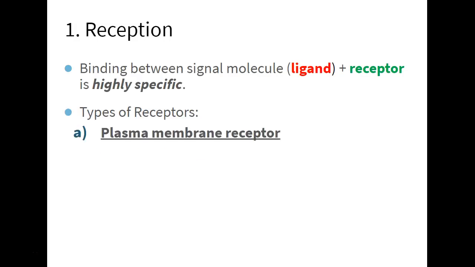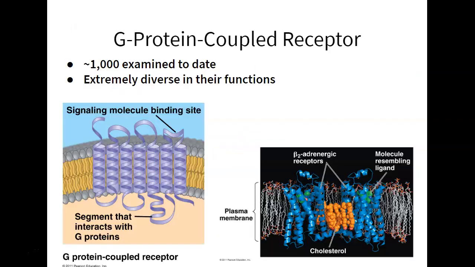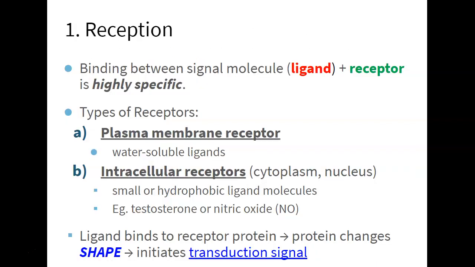Okay, so in more detail, reception. Binding between the signal, which is the ligand, and the receptor is highly specific. The membrane protein is not an enzyme, but it's pretty much similar to how an enzyme acts, right? Like there's a lock and a key or induced fit model of an enzyme where they come together and something happens.